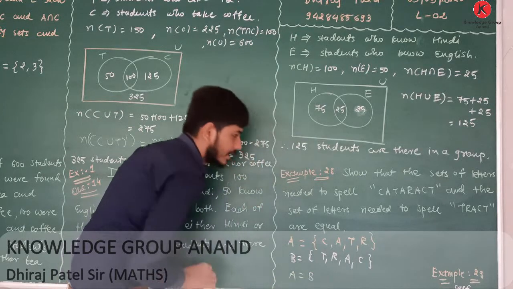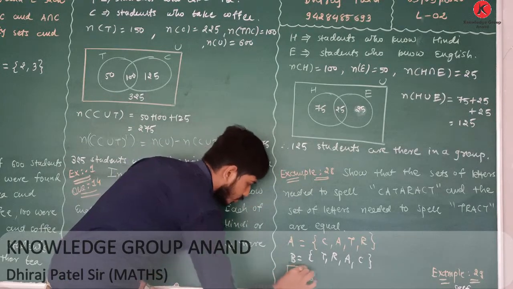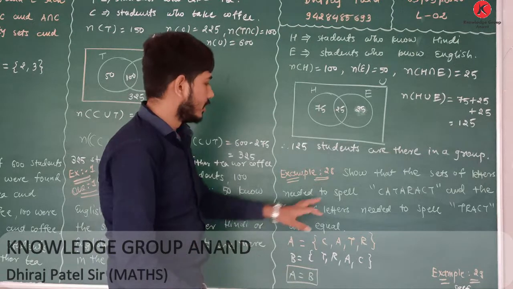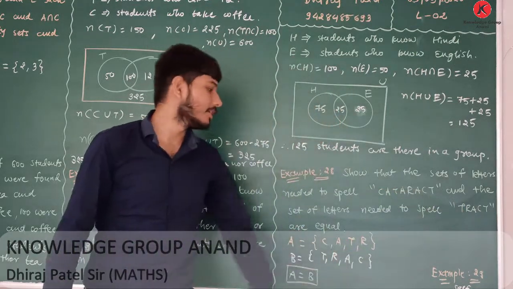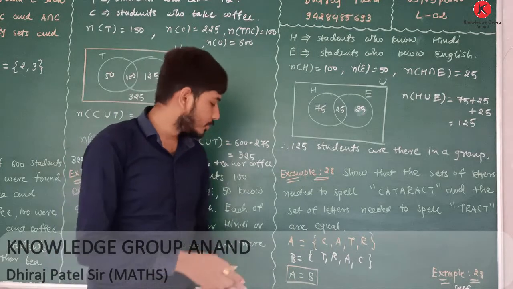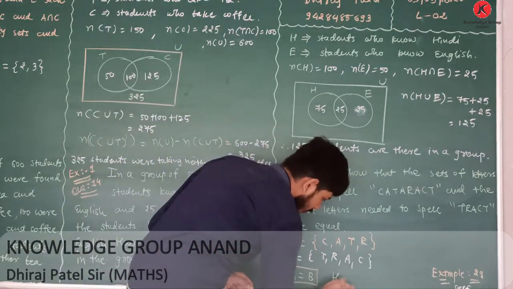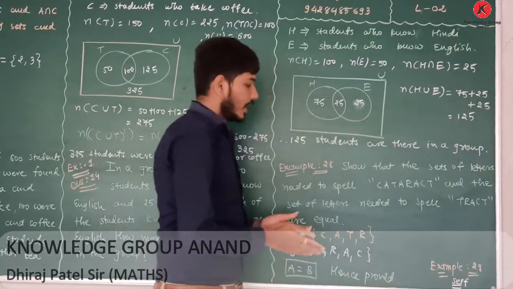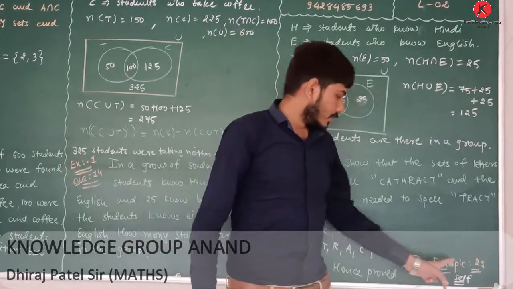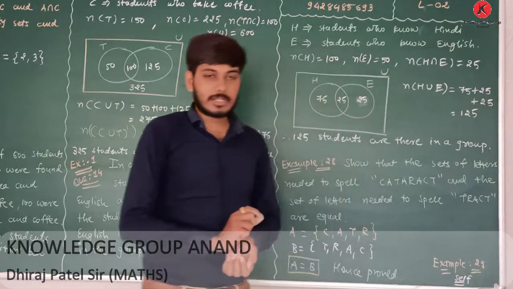Therefore, we can say that A equals to B. That means both are equal sets. Hence proved. This is a very easy question to prove. Hence proved.